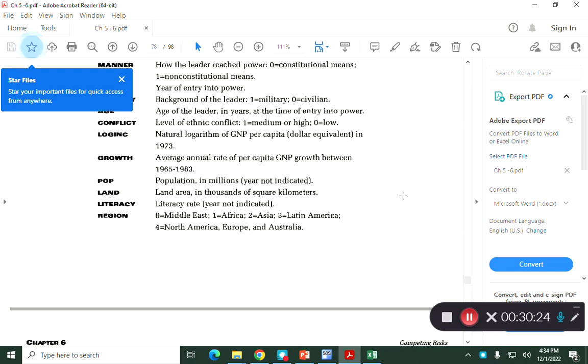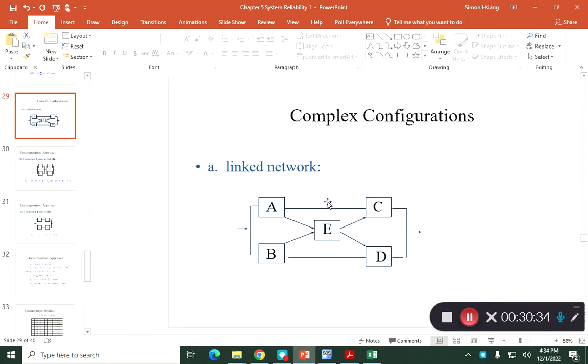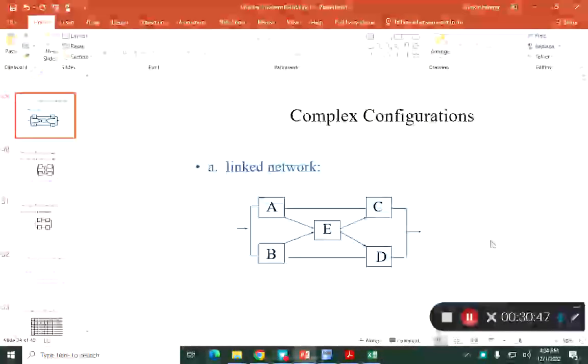But I will focus on this: you will end up with 5 reliability numbers, and you're going to decide how to put the 5 reliability numbers in a certain way, such that you will have a very, very good system reliability, okay?